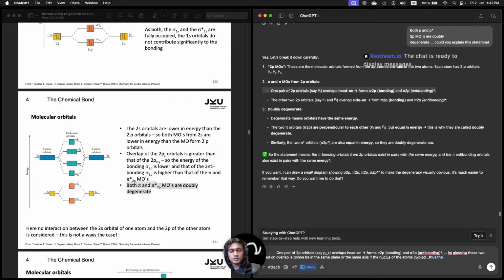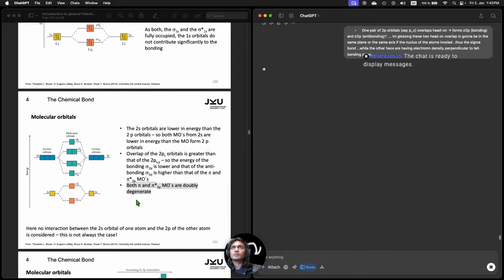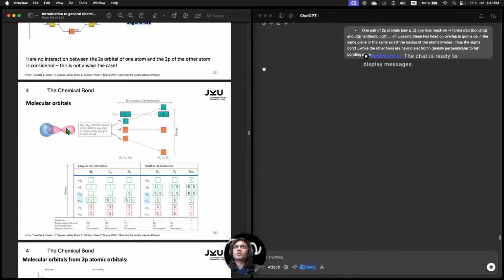Thus the sigma bond, while the other two are having electron density, bonding molecular orbitals, sigma, increasing 2p interaction.